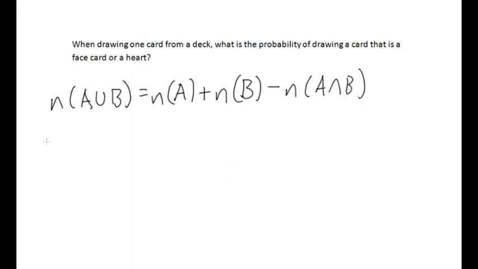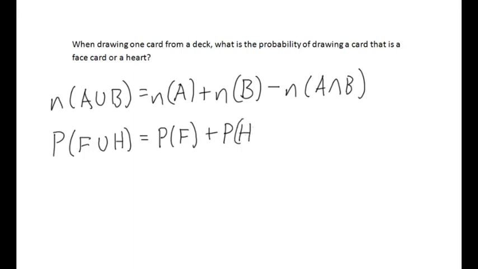So for this problem, we can use the same thing with probability. The probability of drawing a face card or a heart is going to be equal to the probability of drawing a face card plus the probability of drawing a heart minus the probability of drawing a face card and a heart. The probability of drawing a face card, we saw that there were 12 of those out of the 52 cards.